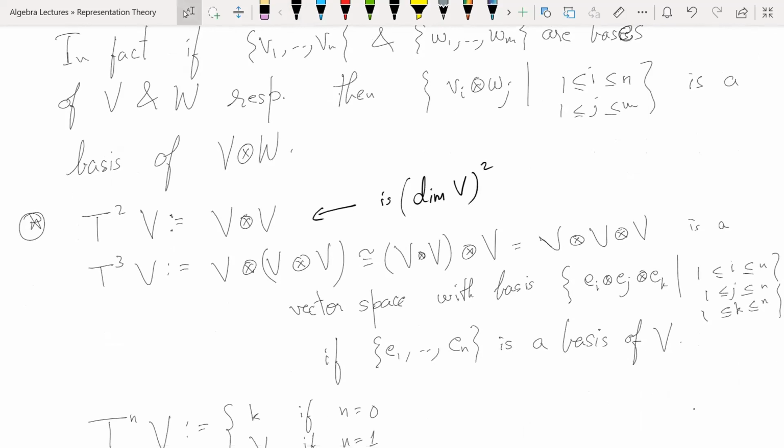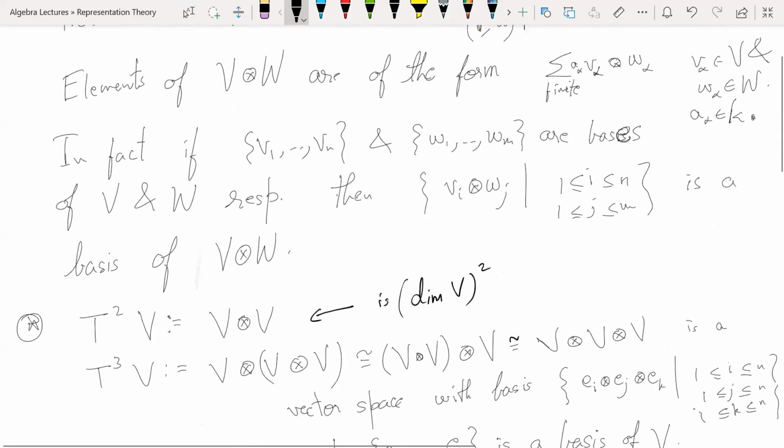Similarly, you have T3 V, which is basically you take T2 V and tensor it with V, or it's V tensor V tensor V, and it doesn't matter in which order you tensor it. First you do the first two and then tensor the third, or the other way. They are all isomorphic, and so one denotes it by triple tensors.